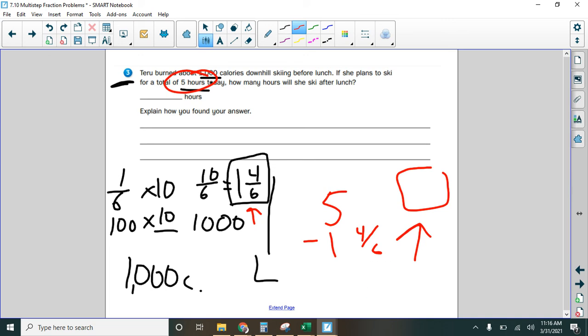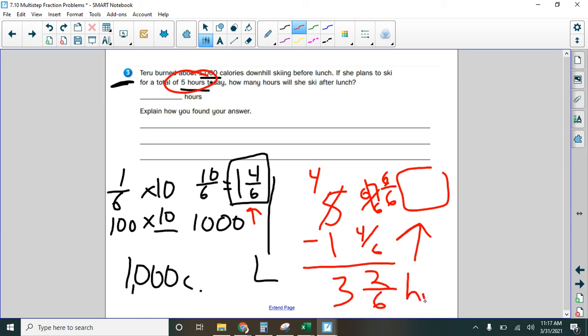Nope. Not like that. Remember, this is the same as 5 0/6. 0 minus 4, we can't do that. So we're going to borrow. We're going to borrow a group of 6. So now here we have 6/6. Remember when we worked on that? See how it all kind of comes together here? And then we subtract and we get 3 2/6 hours, or 3 1/3 if you want to reduce that.